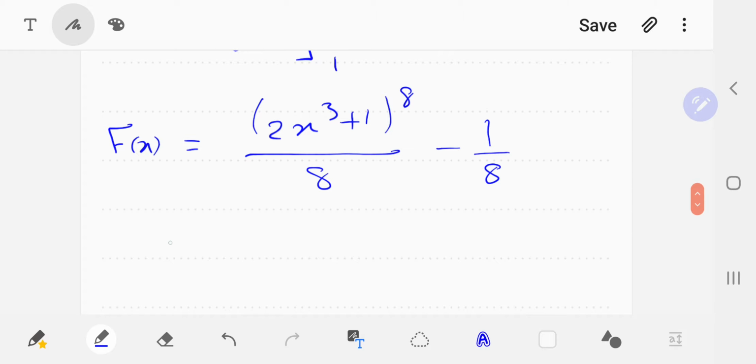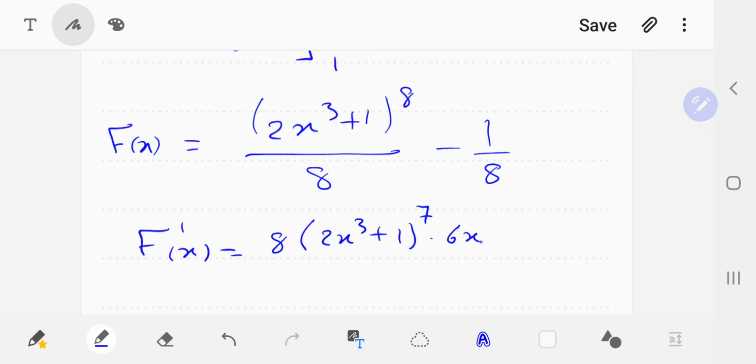Now, let's derive it. If you try to derive this expression, this is a composite function. So what's the derivative of a composite? That's a general power rule. So actually it will be derivative outside, keeping what's inside, times derivative of what's inside, all over the constant, minus 0.